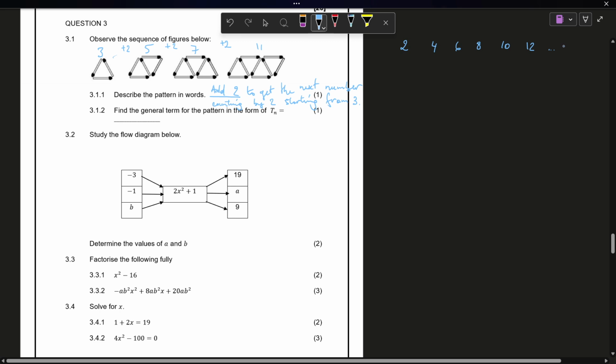Because it's counting by 2, it is basically 2n. What about counting by 3? It is 3, 6, 9, 12, 15, 18, and so on. The general term of counting by 3 will be 3n.